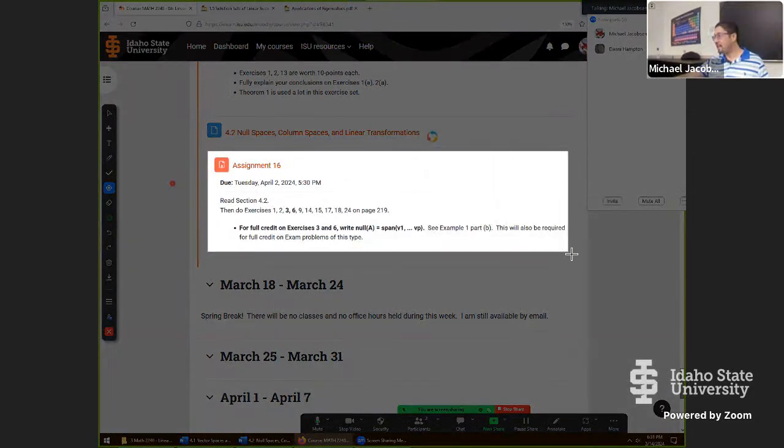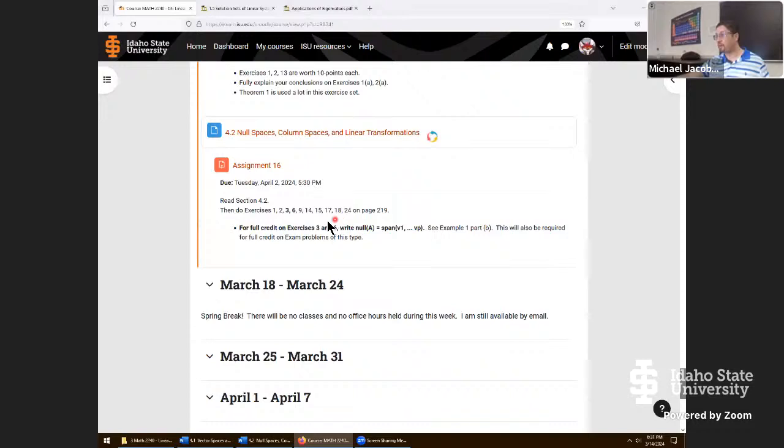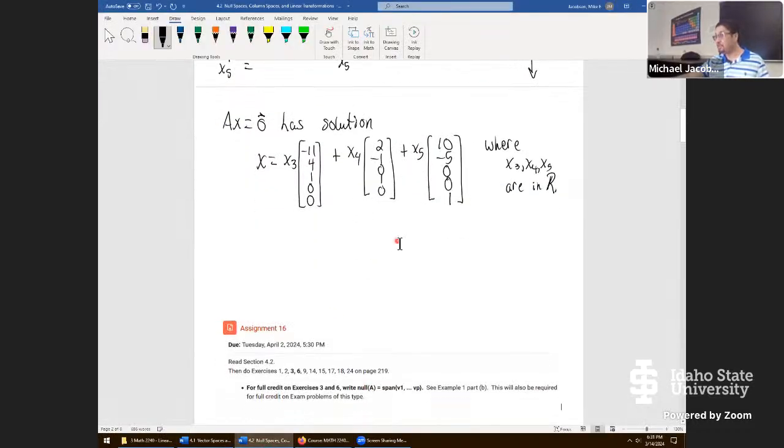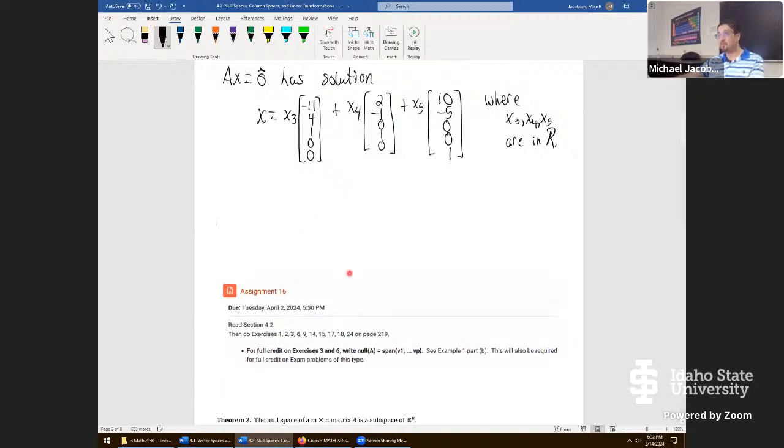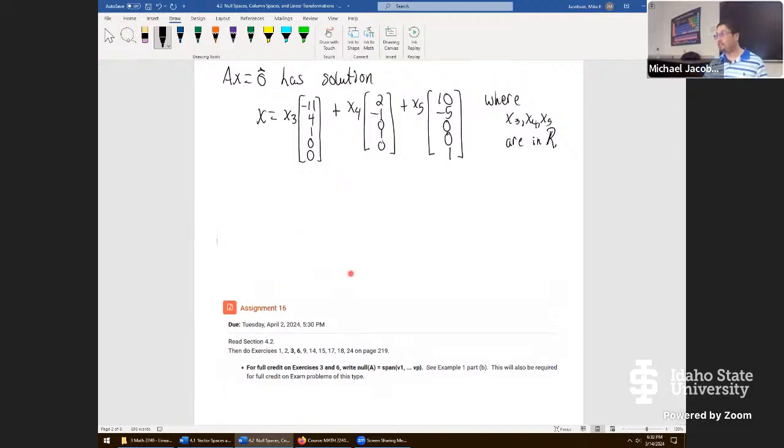So for assignment 16, I asked us to do one additional thing on problems 3 and 6, like the problem we're doing right now. And trust me, there's a really good reason for that. When it comes down to finding eigenvalues and eigenvectors, the linear combination is not as important. What is important, this is our theme in linear algebra, are these vectors right here. The constant vectors are everything.